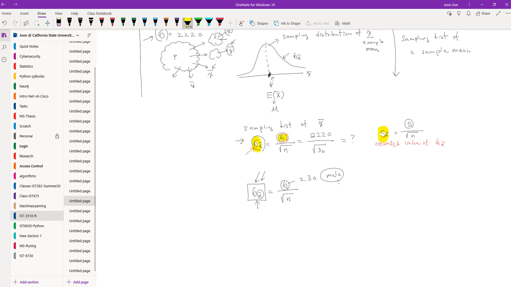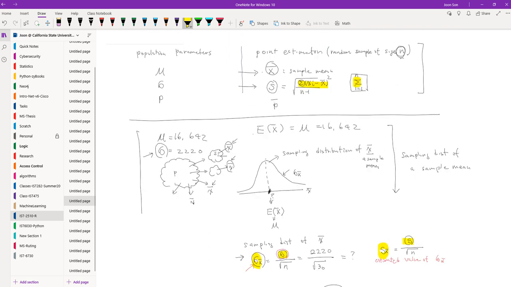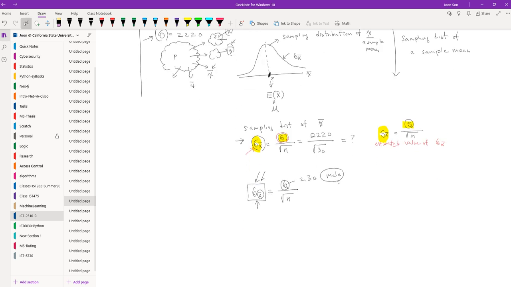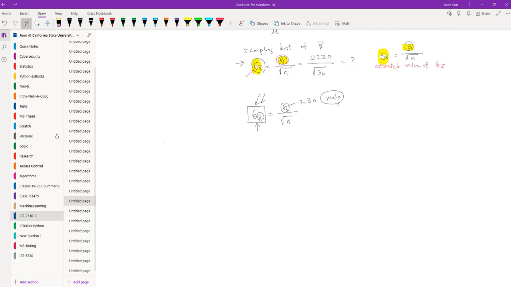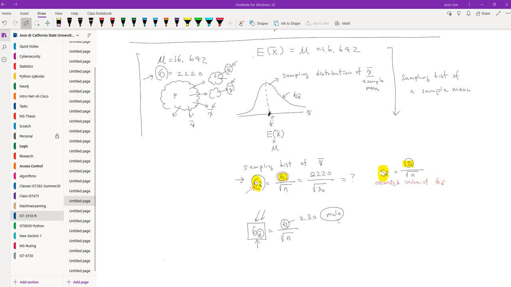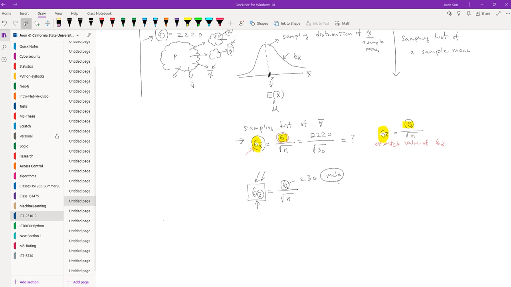This is when the population standard deviation is known, and this is when it is not known. In such a case, we just assume that s is pretty close to sigma, the population standard deviation. Okay, so now the next topic.